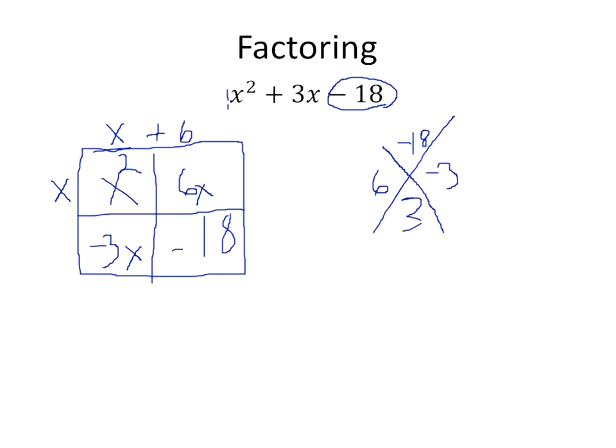Plus 6, because 6 times x makes 6x. Then what would go down here? Negative 3. So when I'm done, I just write x plus 6 and x minus 3. And I've just factored that item.